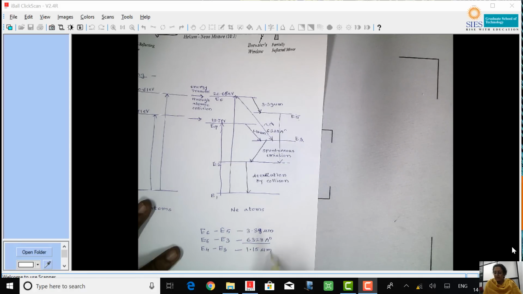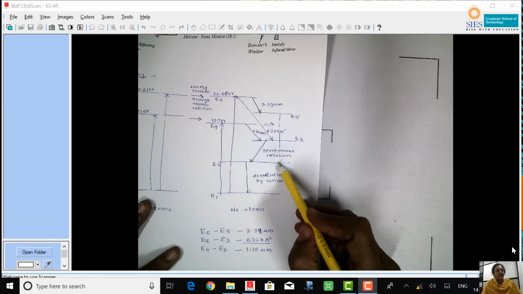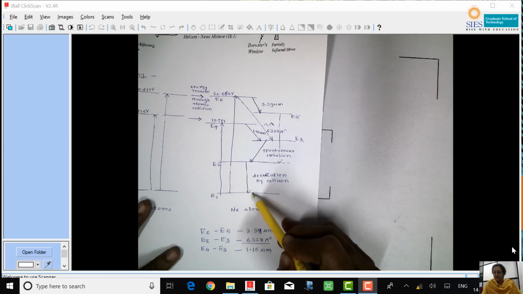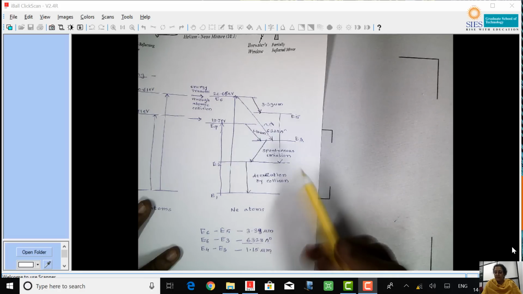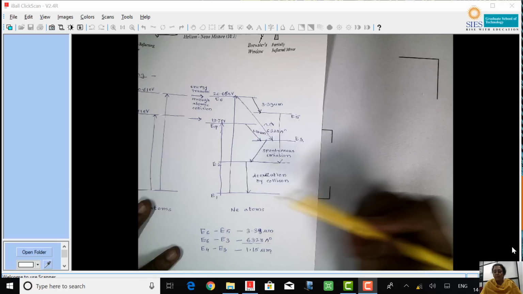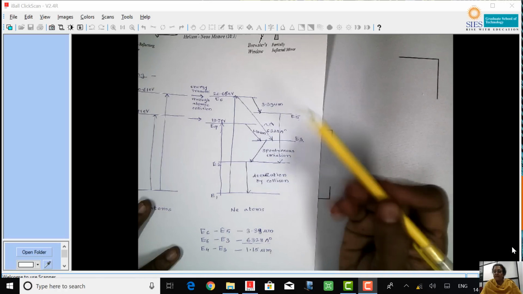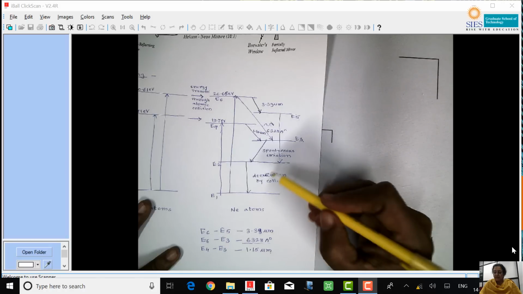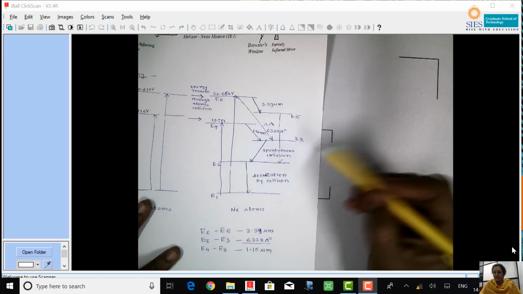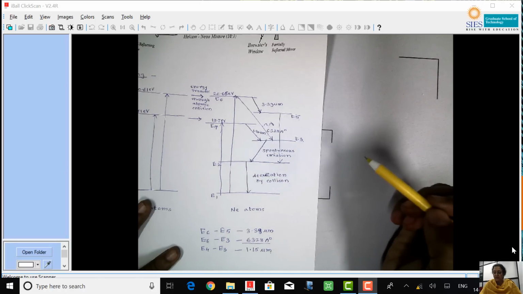Finally atoms from energy level E2 come to the ground state by collision, releasing their energy in the form of collision with the container. Thus, the type of pumping used here is by discharge tube, and here we have seen there are three types of wavelengths given out.